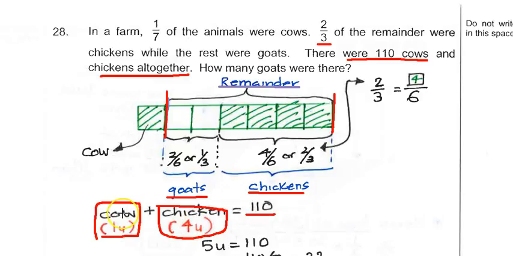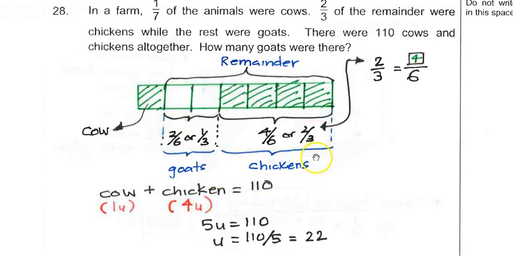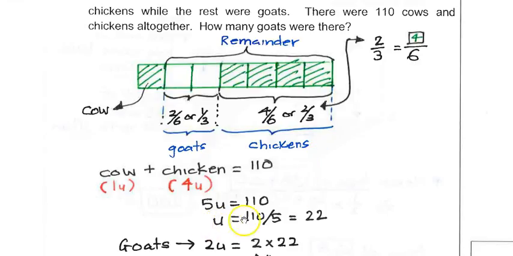We are talking about cow and chicken, not chicken and goats and so on. So 1U, 4U, total 110. 5U is 110. What is important? Find 1U. So 1U is 22, right? 110 divided by 5 is 22, right?